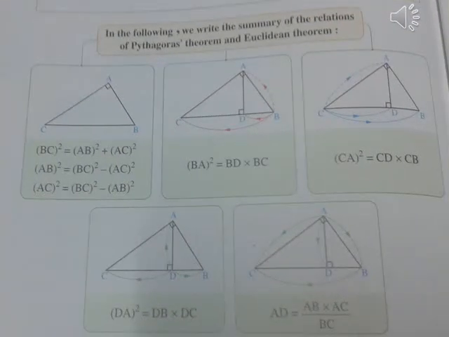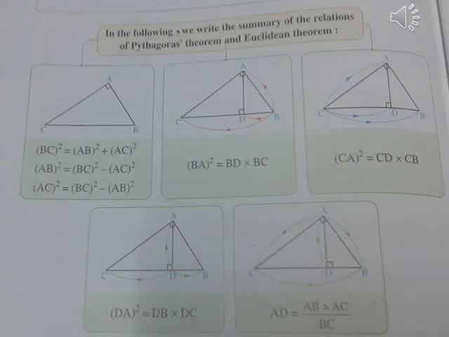In the following, we write the summary of the relations of Pythagoras theorem and Euclidean theorem. BC square equals EB square plus EC square. EB square equals BC square minus EC square. EC square equals BC square minus EB square.